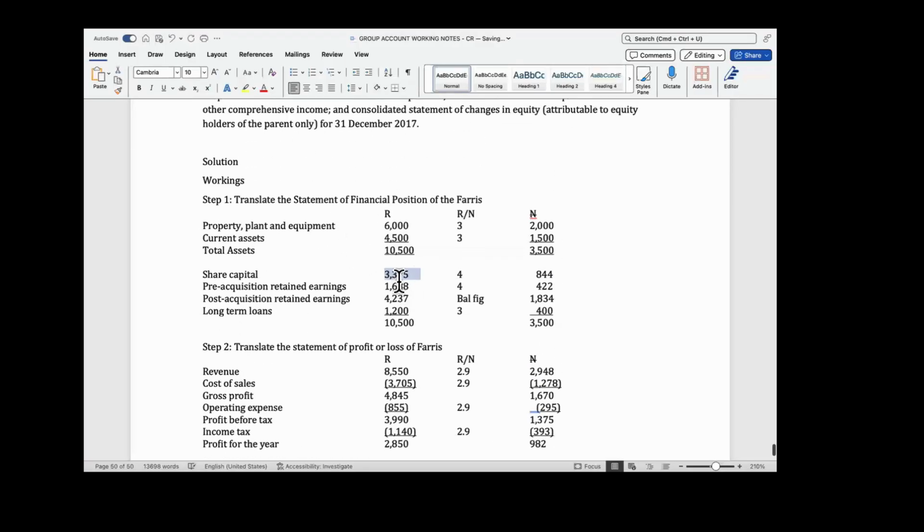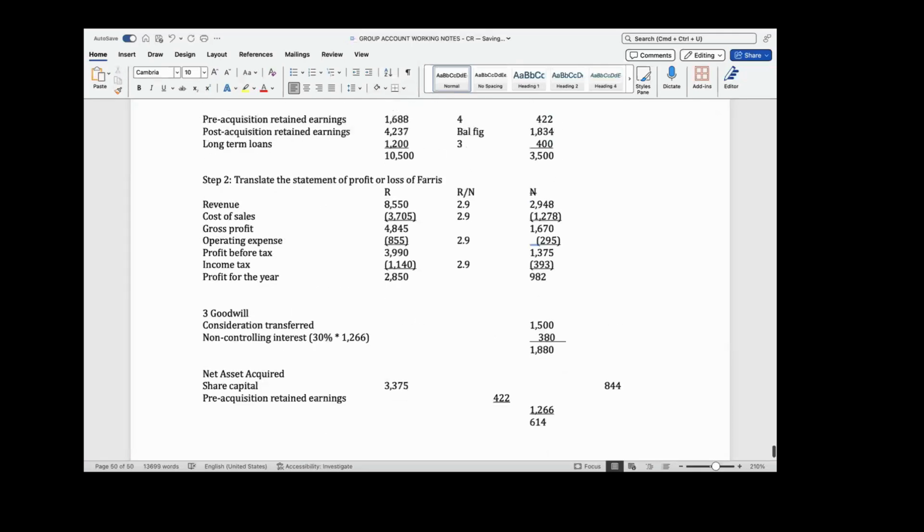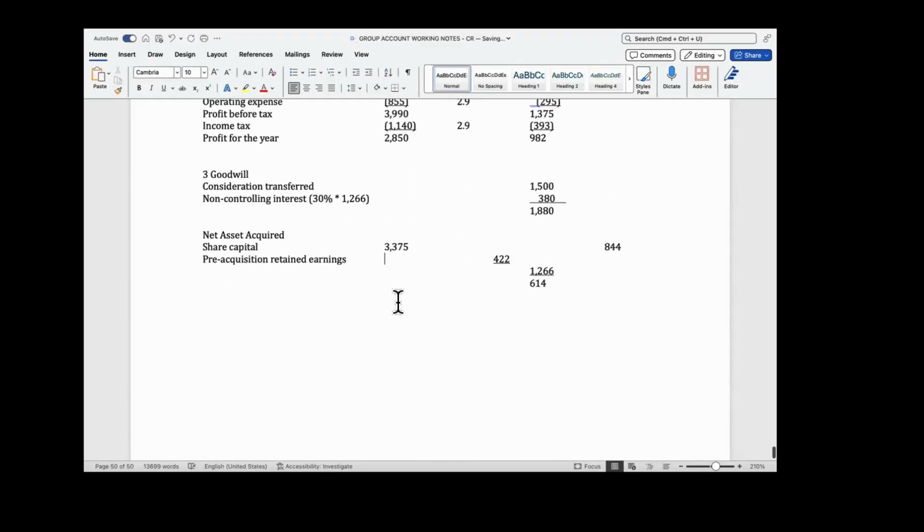We'll have this 3375. We have this 1688. What was the addition of these two? 3375 plus 1688. 5,063 naira. Okay.